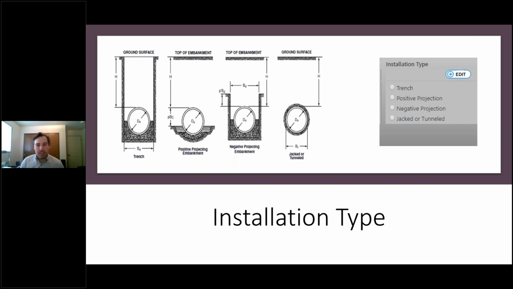So each of these does create unique loading for the pipe and controls the earth load. So trench is typically the least amount of earth load. With your positive projecting, you typically have the most frictional forces weighing down, creating the higher earth loads on top of the pipe. And yes, this was the most up-to-date picture I could find of these installation types.